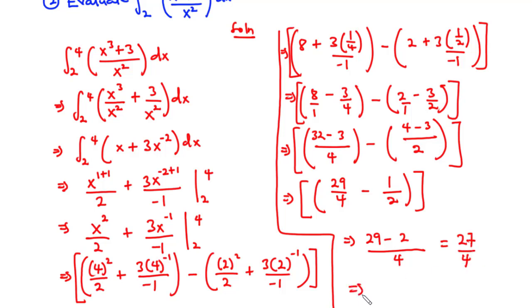So we say that the integral of x cubed plus 3 over x squared dx from 2 to 4 is equal to 27 over 4, and this is the same as 6 whole number 3 over 4.